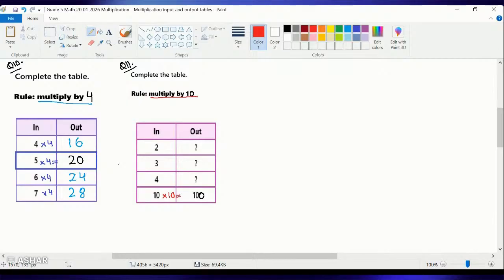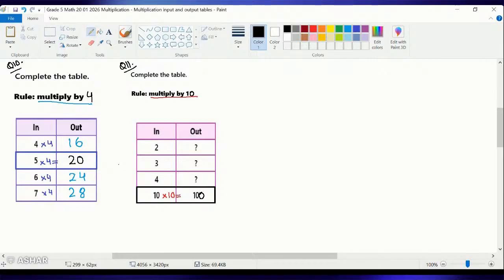Agreed? And this is a given pair of values for us, 10 and 100. If the rule was not given, then again what we can say is 10 should be multiplied by a number to make it 100. So what should be that number? That number would be 10.